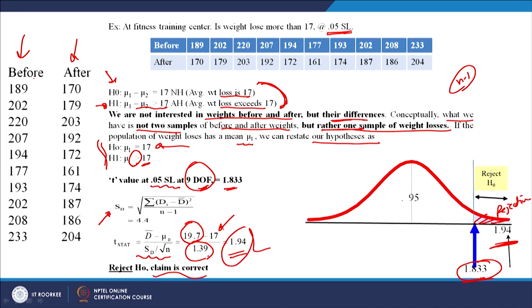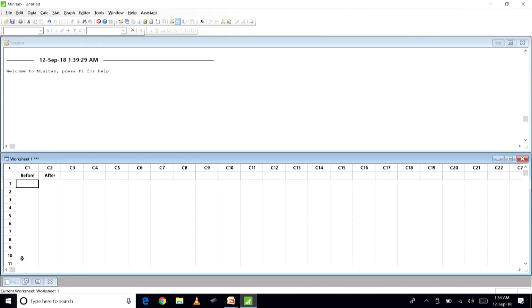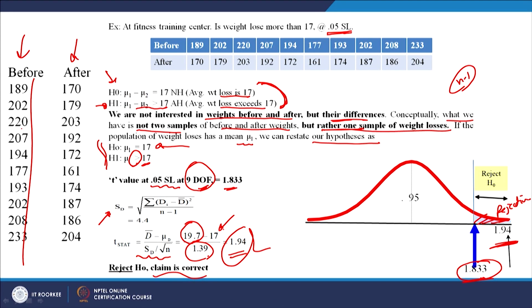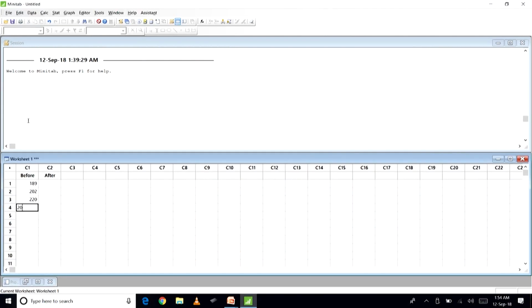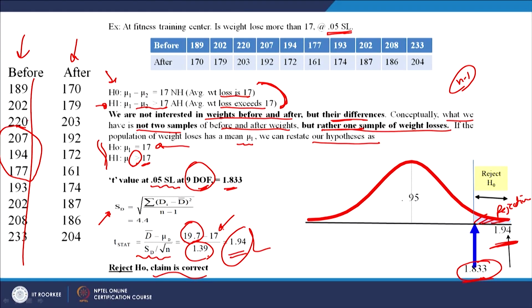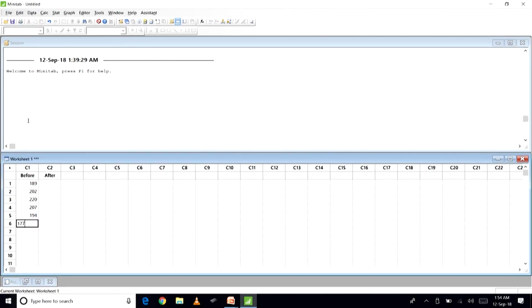So, we have got 189, 202, 220, then 207, 194, 177, 204, 194, 177.